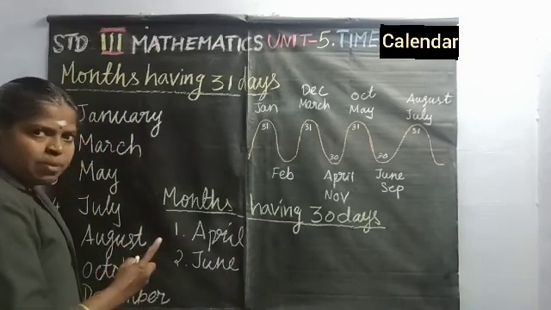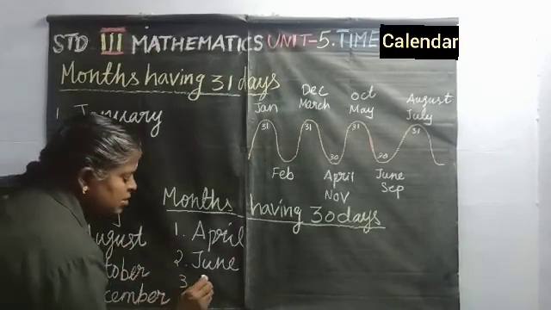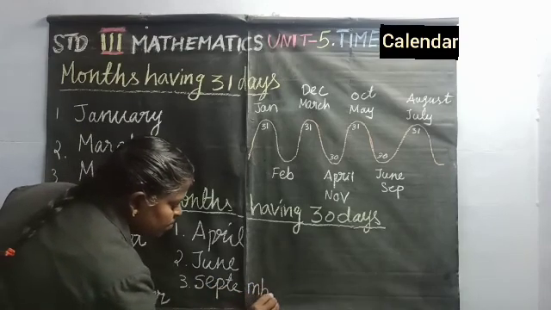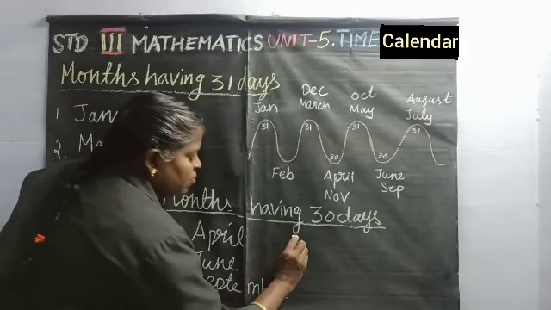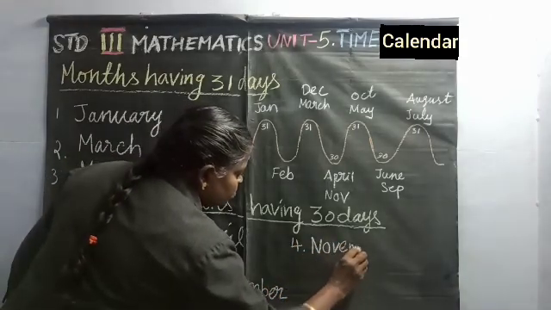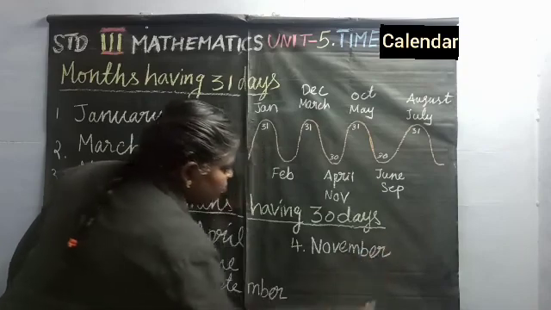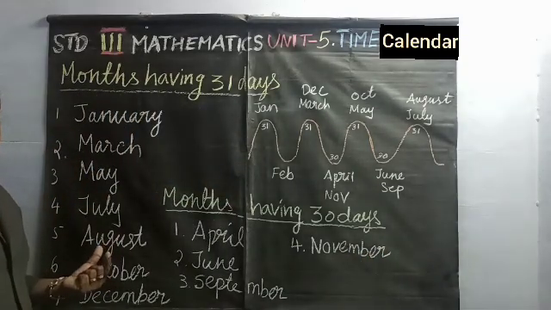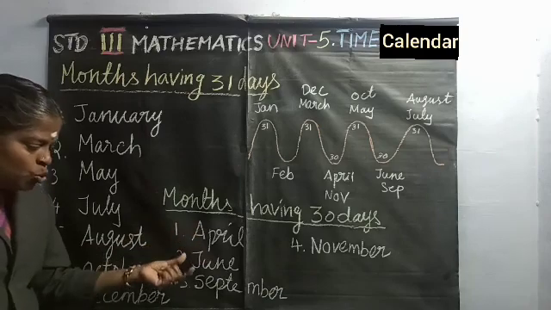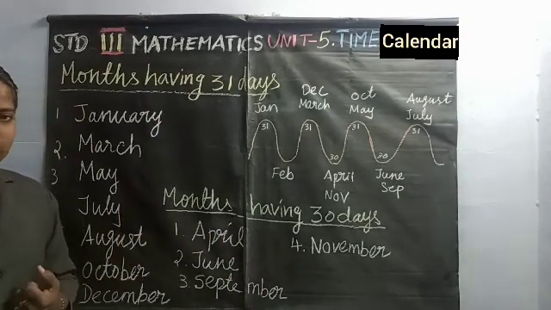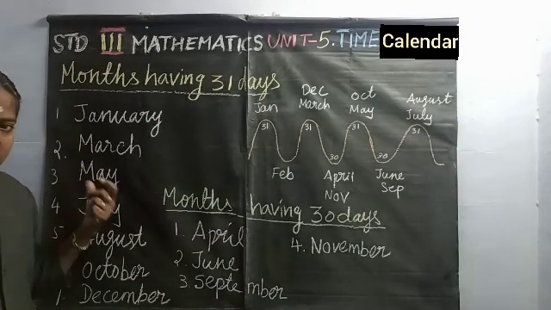Tell me the next month. September. Last one, November. So, 7 months are having 31 days, and April, June, September and November months having 30 days. So, totally 11 months are over.